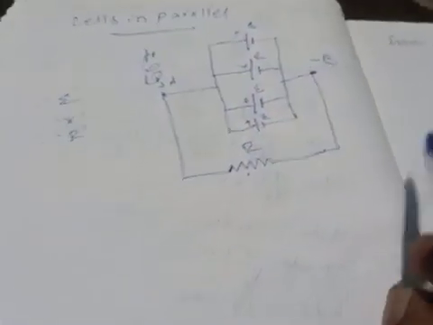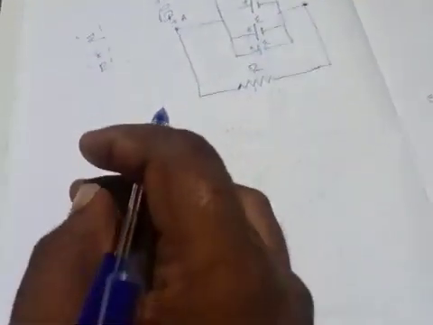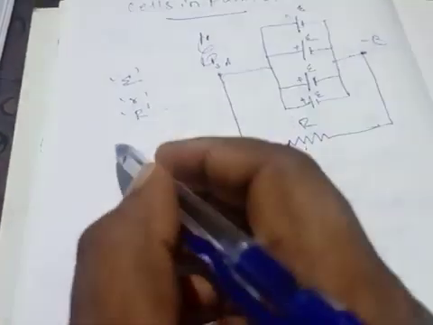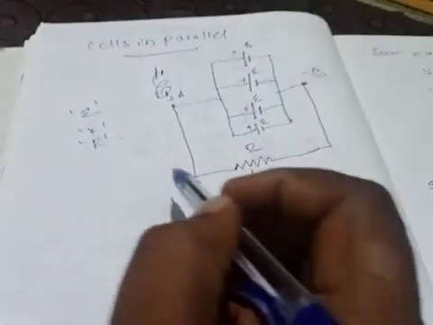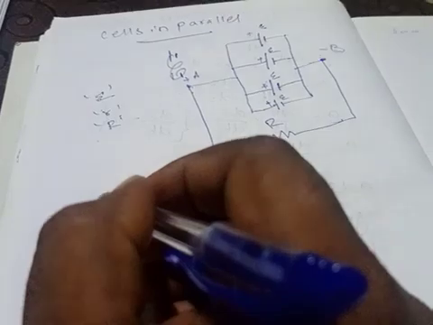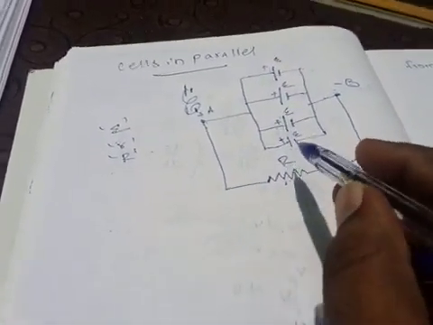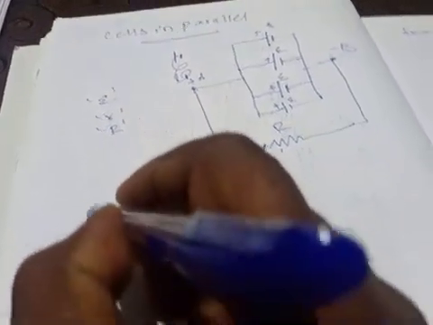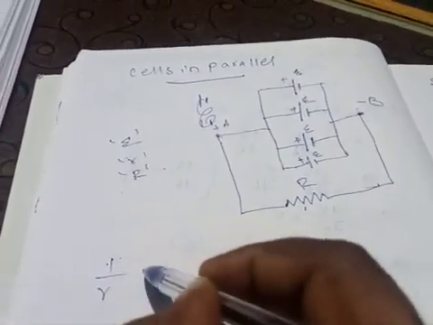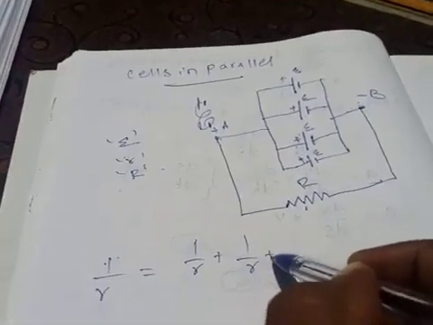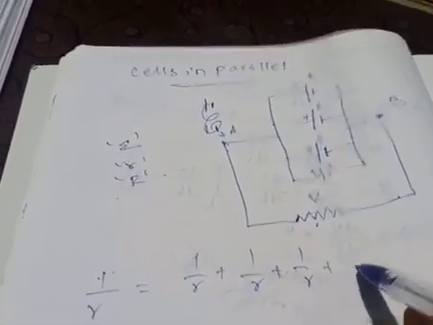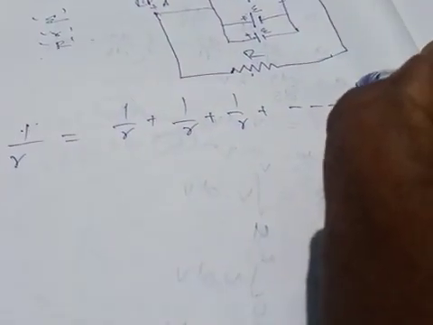And you know the equivalent resistance formula when we are connecting resistances in parallel, or here cells connected in parallel. The total resistance is given by 1 by R equals 1 by r plus 1 by r plus 1 by r and so on, up to N terms.